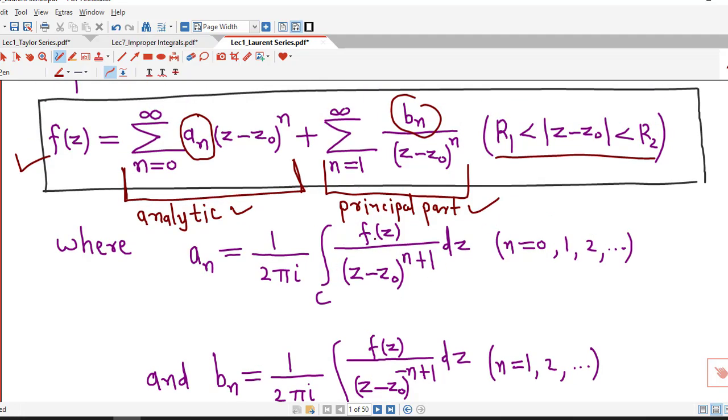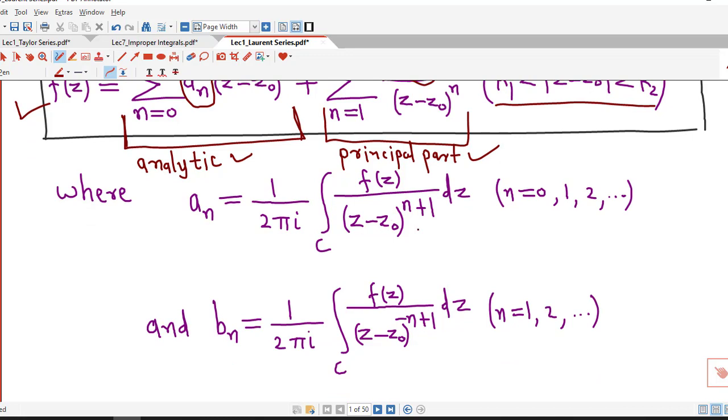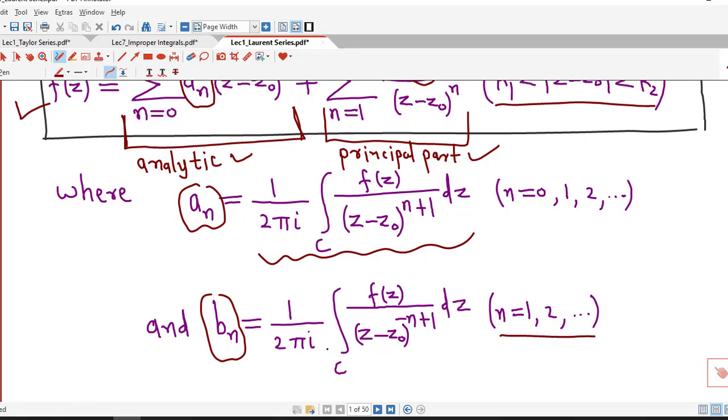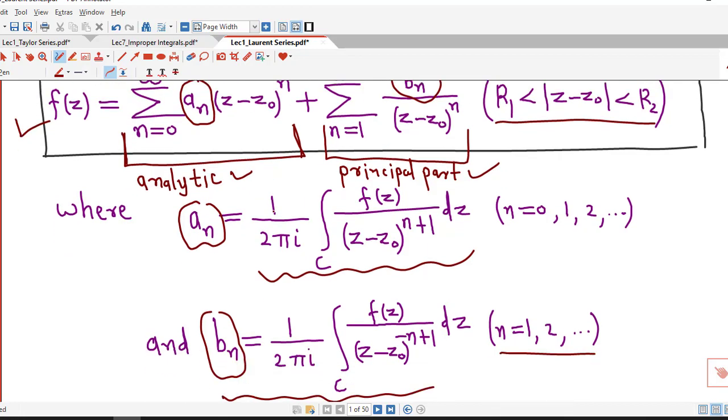So if we take the integral of f of z over z minus z0 raised to n plus 1, multiplied by 1 upon 2 pi i, this will give us the value of coefficient an, and bn is given by 1 over 2 pi i times the integral of f of z over z minus z0 raised to minus n plus 1 dz. Here n goes from 1 to infinity. So using these two formulas, we can find the coefficients an and bn.